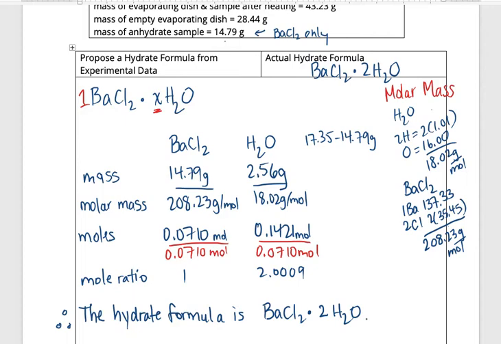Okay, so we know that with experiments, there are always things that happen. So if you don't get what it should actually be, don't stress. I want you to use your experimental data to figure out some sort of formula that you can propose. And if it is wrong, it's okay, because I want to see that you know how to calculate using your data.